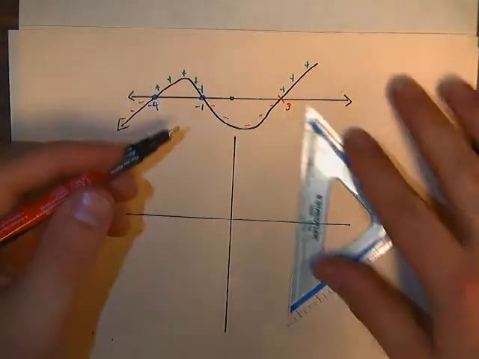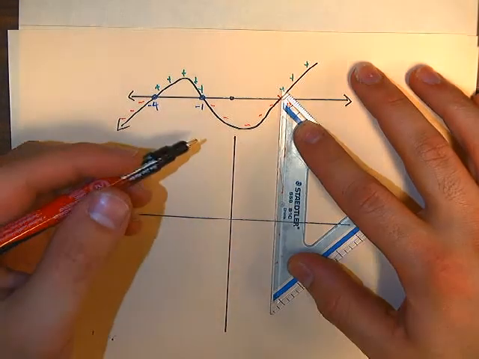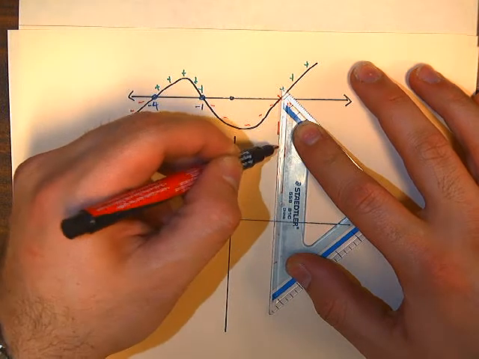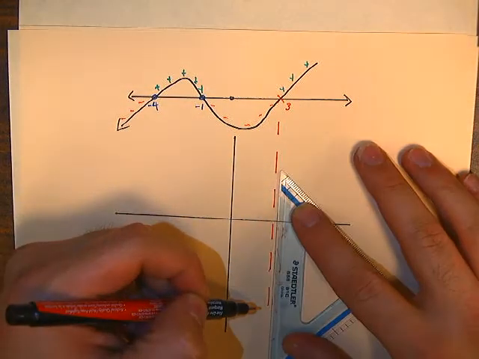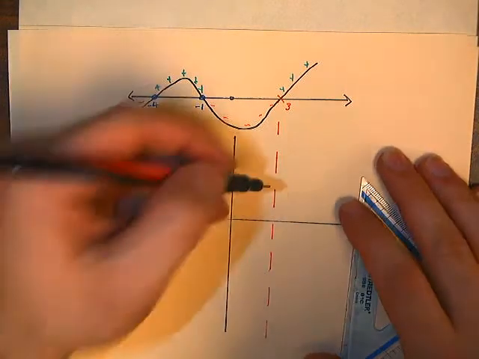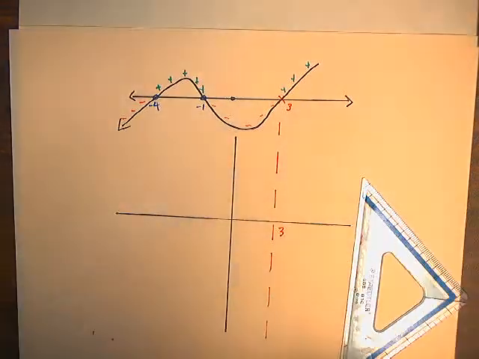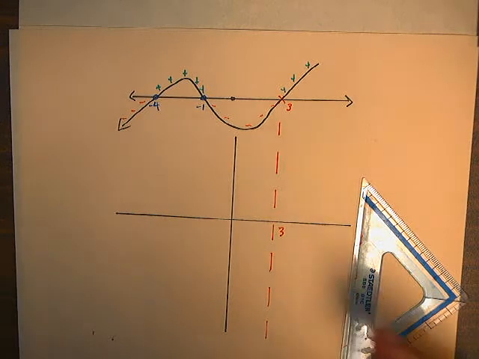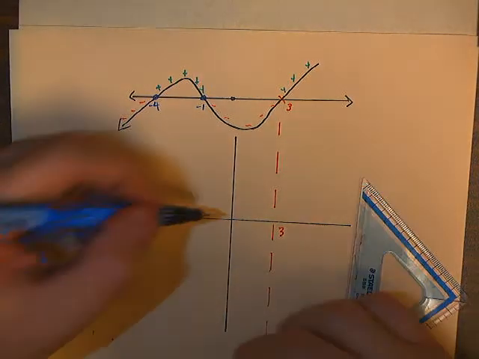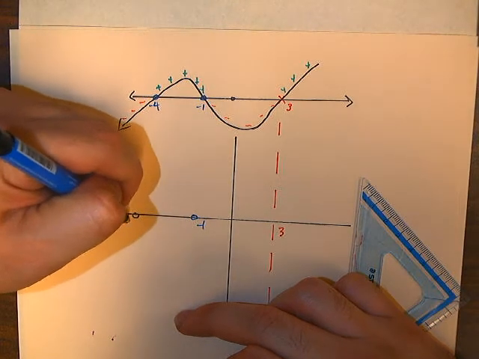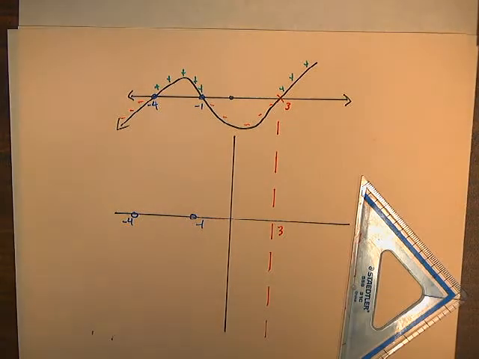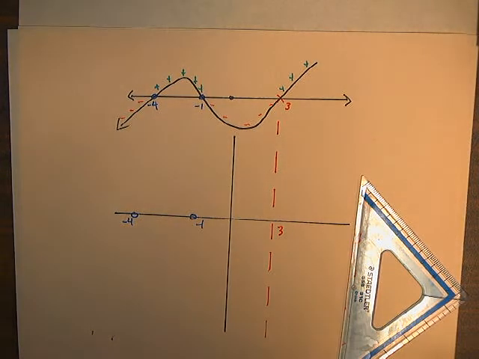I'm going to start off with my vertical asymptote, line it up right at 3. I'm going to go ahead and label this because it is very important that I do label this. That's at 3. I can lay my zeros down on the left-hand side at negative 1 and at negative 4.